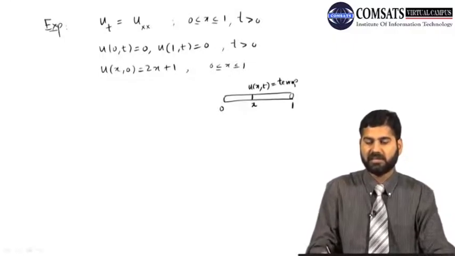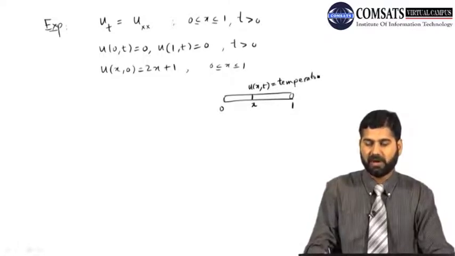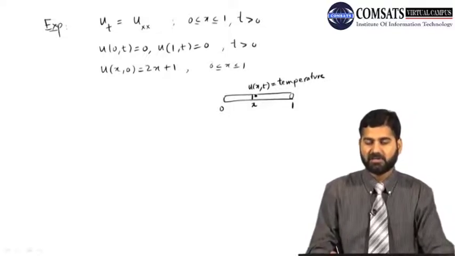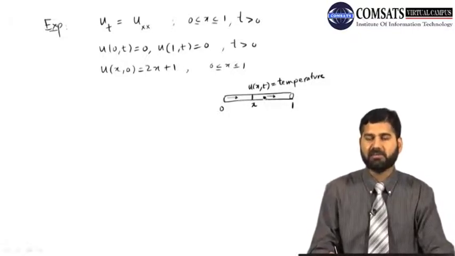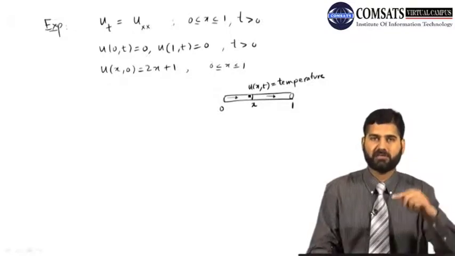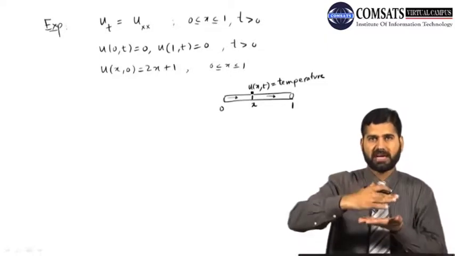Because heat is flowing, the temperature is changing at any point and for any time t. Heat is flowing from left to right. So you model the heat flow inside a one-dimensional rod, which is perfectly insulated from the lateral sides, so no heat is escaping or entering from the sides.